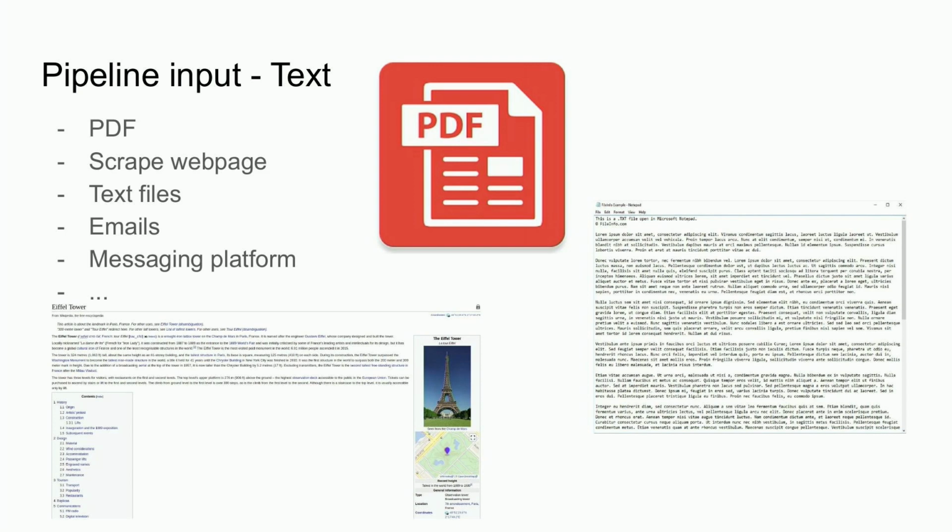You could have text files, or if you're a journalist, you could investigate emails and input that into the pipeline. Or in a business environment, you could input messages from a messaging platform into the information extraction pipeline.